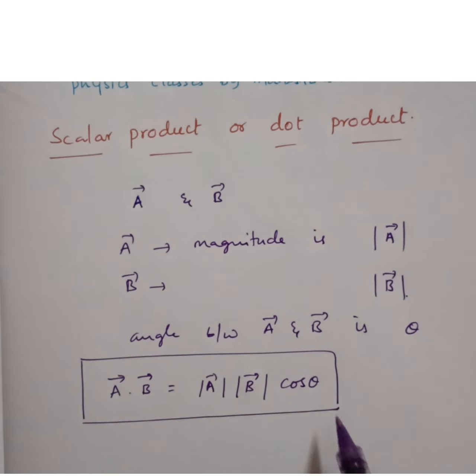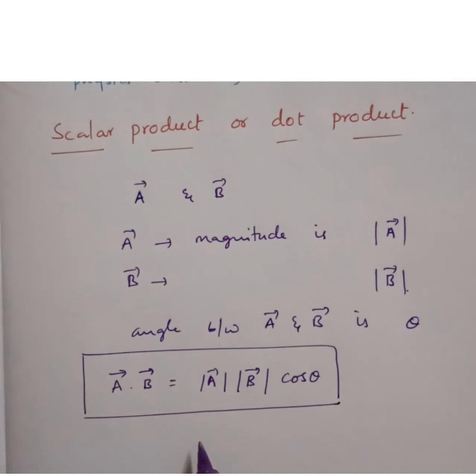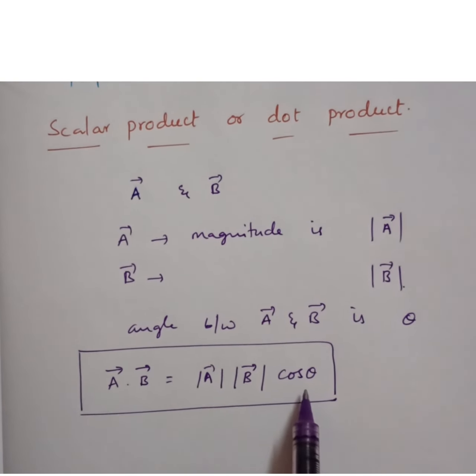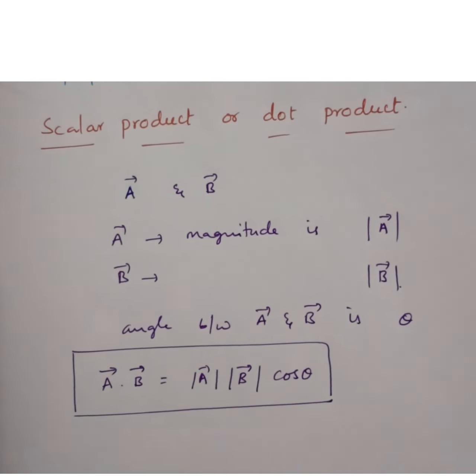Dot product between two vectors is the product of their magnitudes with the cosine of the angle between them.